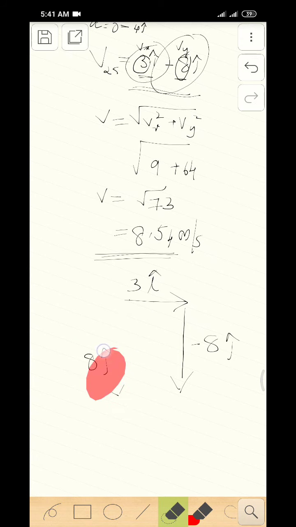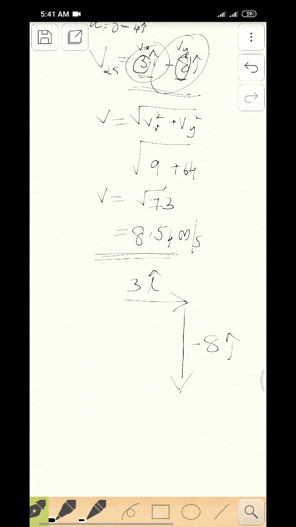Now the resultant vector will be this one. This is the velocity vector at 2 seconds.